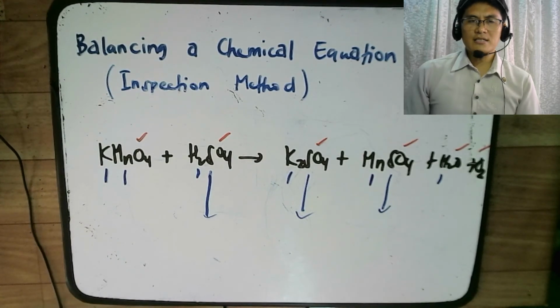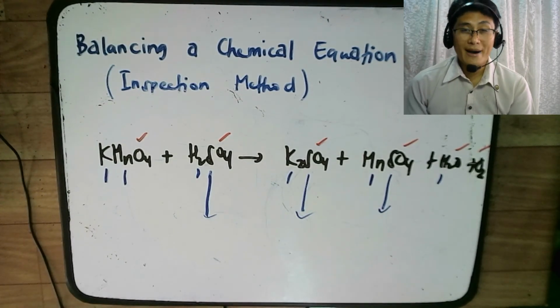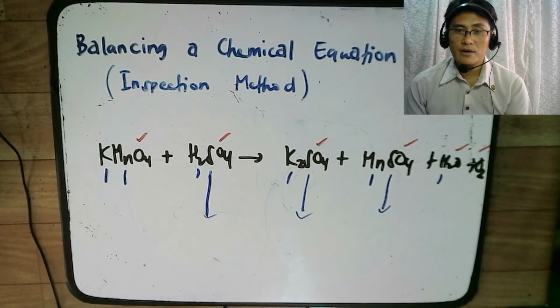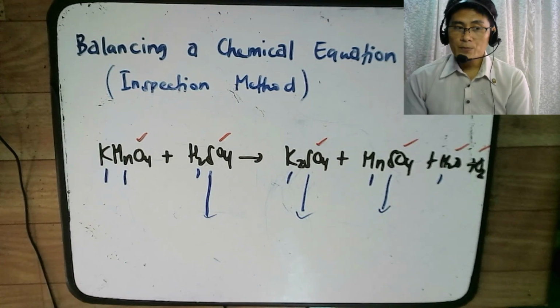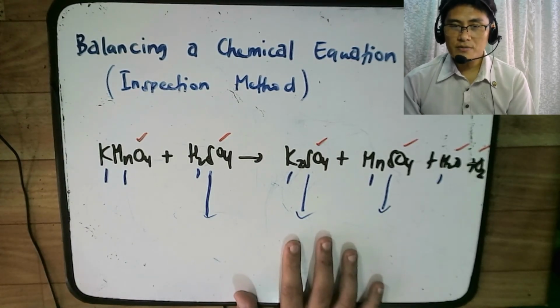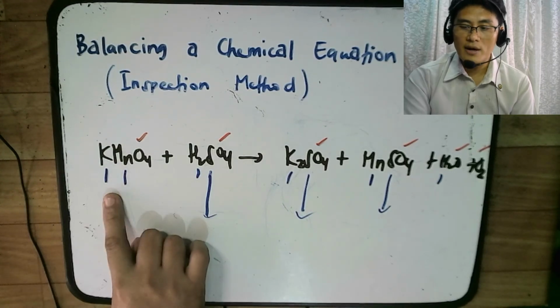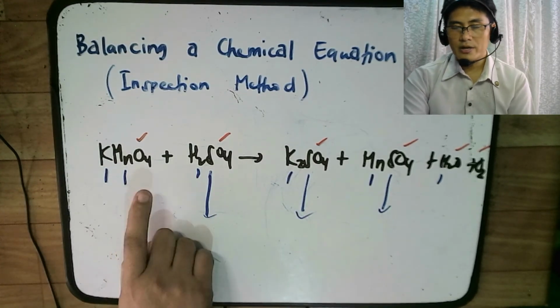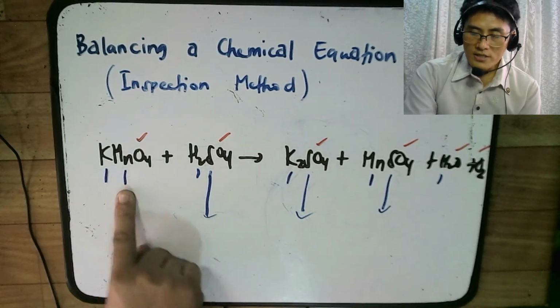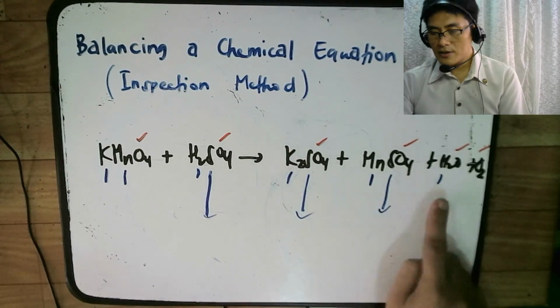So when you find things like this, it's an indication that you might be able to solve them using the inspection method, but it would be very difficult. And if you have a chance of solving it using the inspection method, try to solve first potassium because it's found once in the reactant side, once in the product side. Manganese, once in the product side, once in the reactant side. Hydrogen, once in the product side, once in the reactant side.